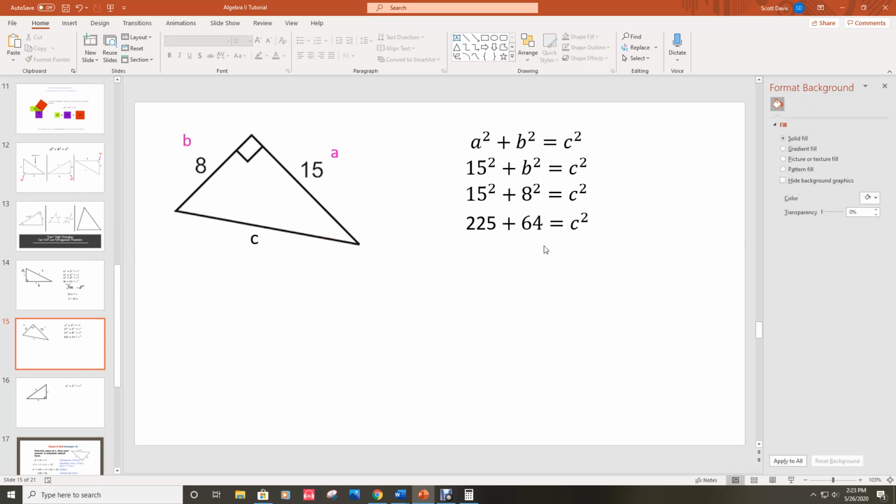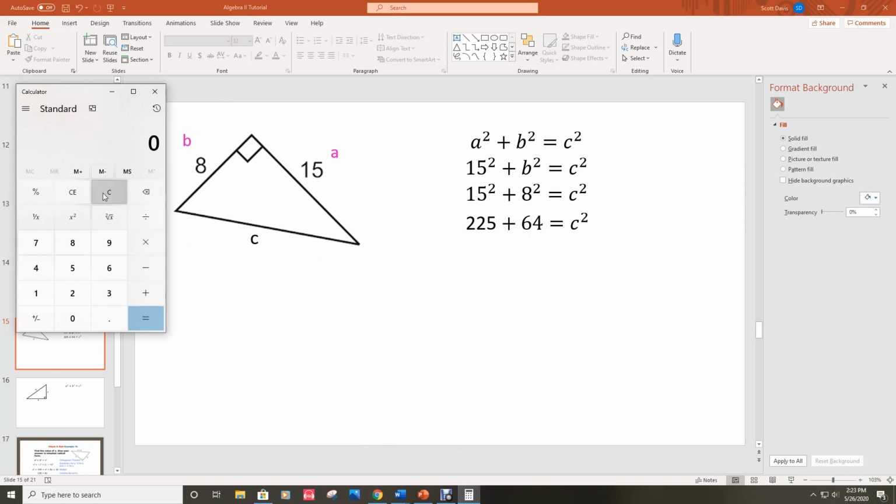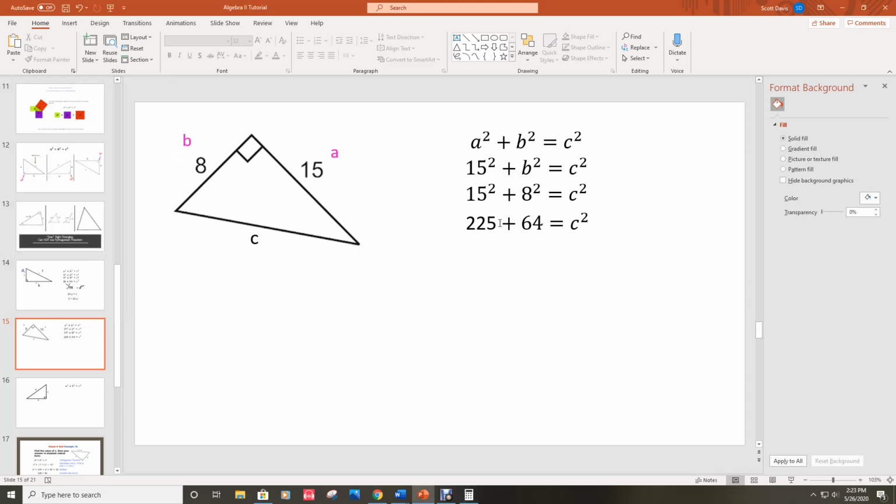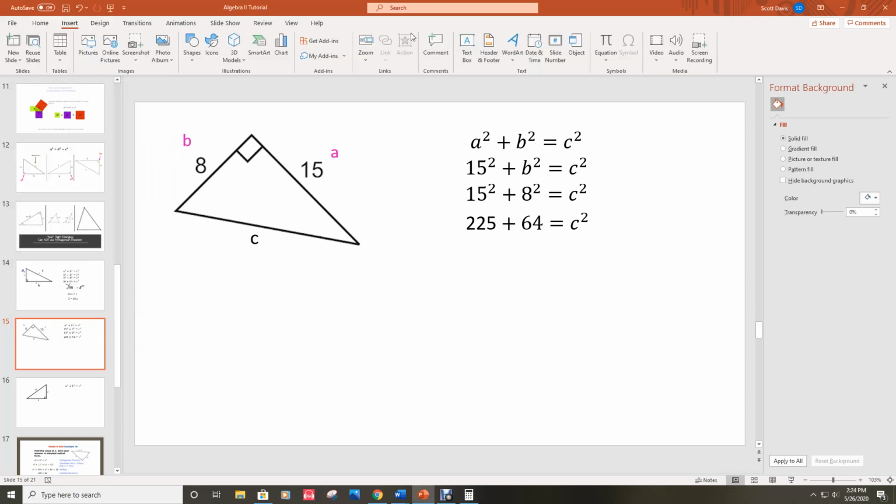So now this is where I said that I recommend that you write each of these down. You solved them individually. You solved 15 squared. You solved 8 squared. And now we're going to add those two together. So 225 plus 64 is 289.